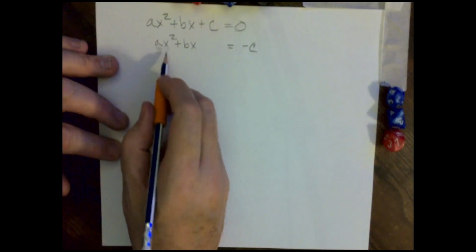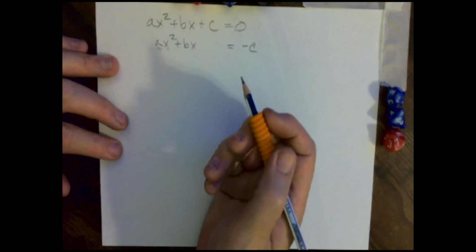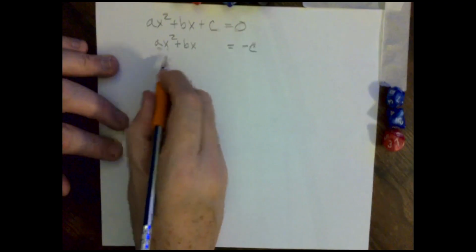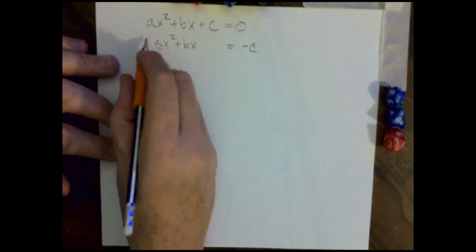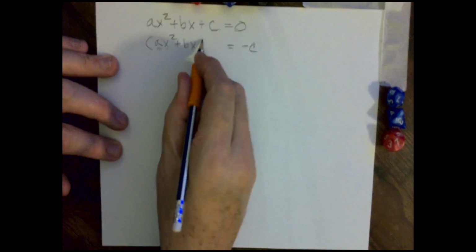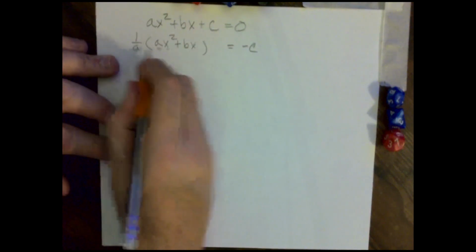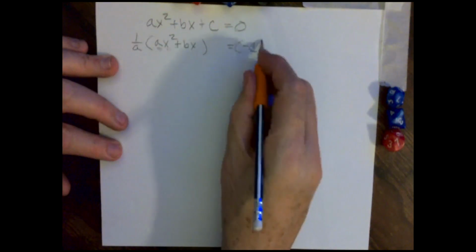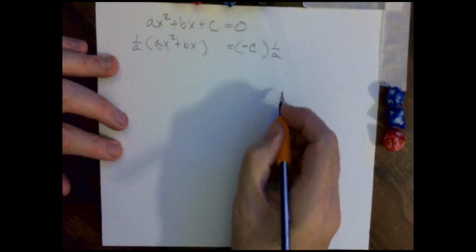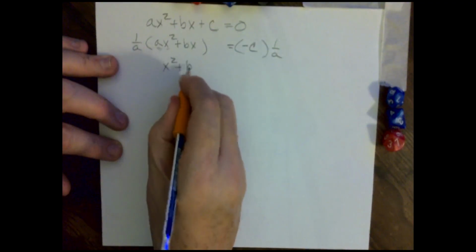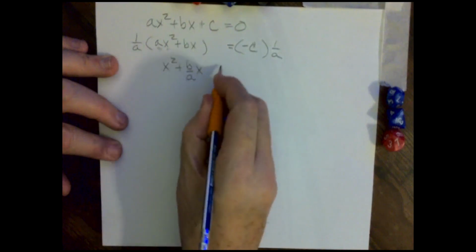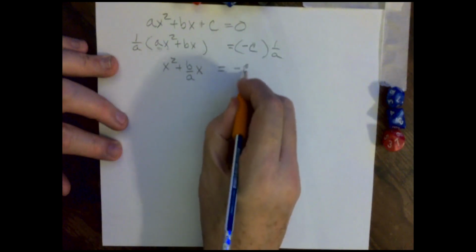We would like this coefficient to be 1. So we will multiply both sides by 1 over a. So over here we have x squared plus b over a x equals negative c over a.